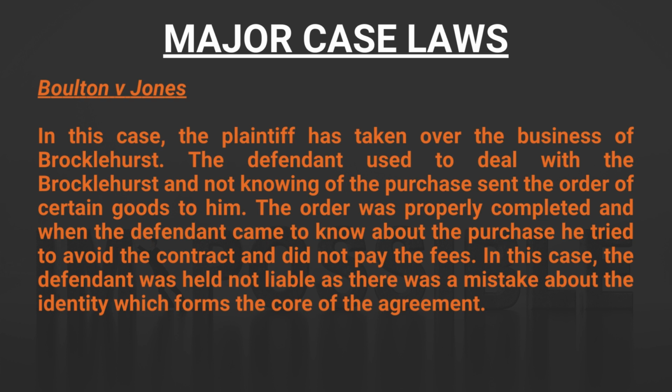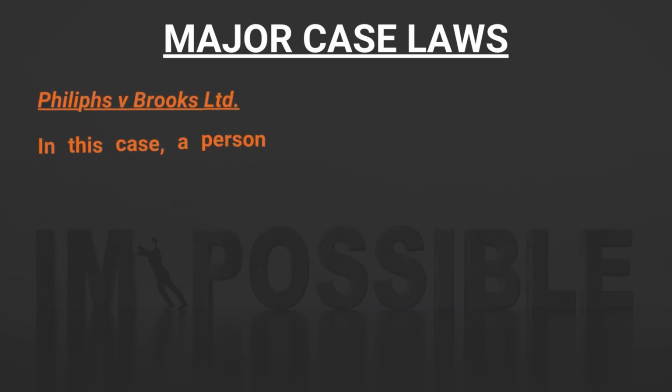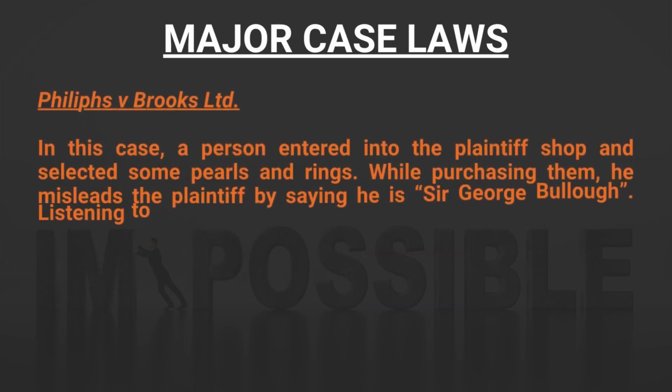In this case, the defendant was held liable as there was a mistake about the identity which forms the core of the agreement. So we need to understand how it is going to affect when it is a mistake about the identity. The second case is Phillips versus Brooks Limited.